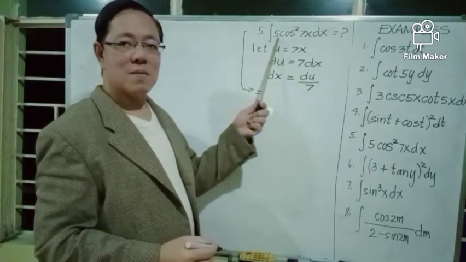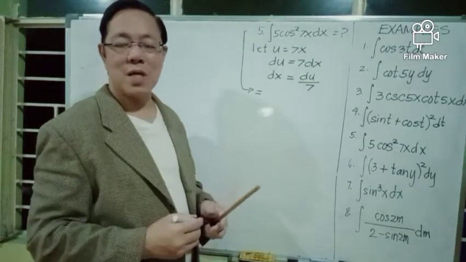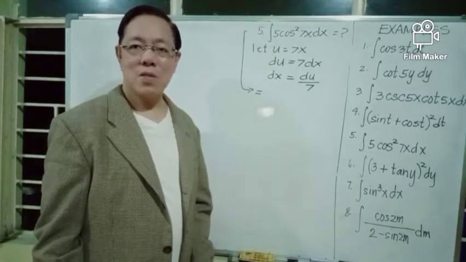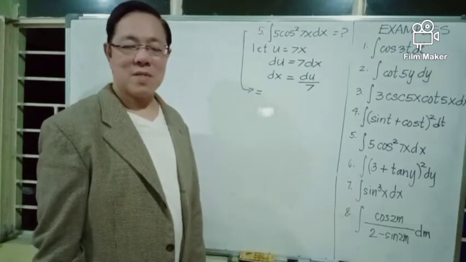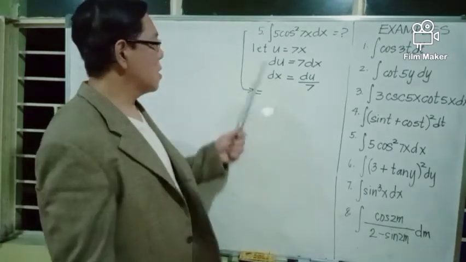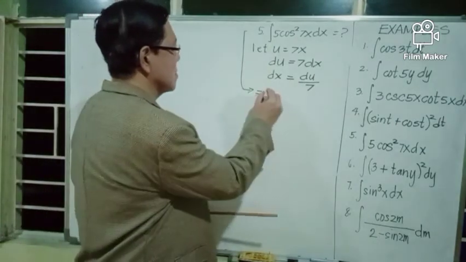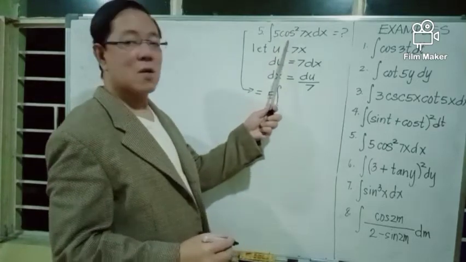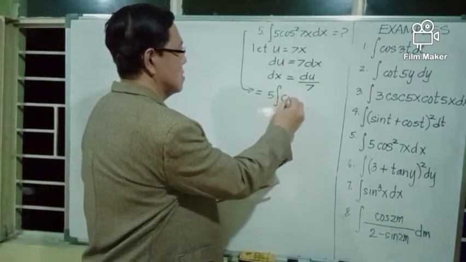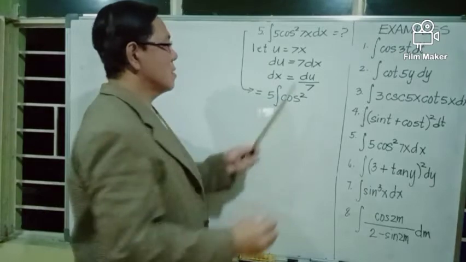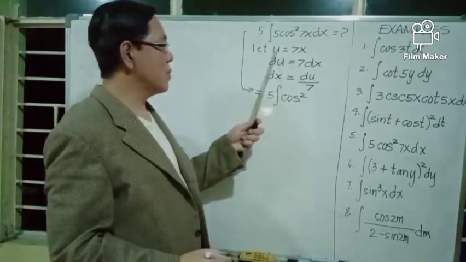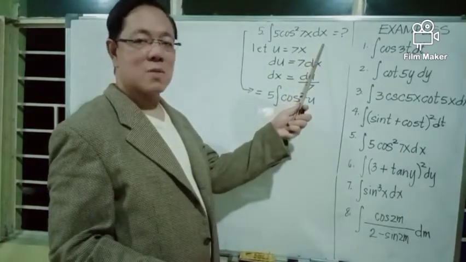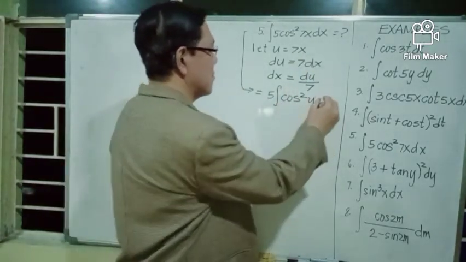We write 5 before the integral sign by one of the integration rules, in particular, the integration rule for the integral of a constant times a function, which is equal to the constant 5 times the integral of this function, cosine squared. We replace 7x by u, and dx we replace with du over 7.